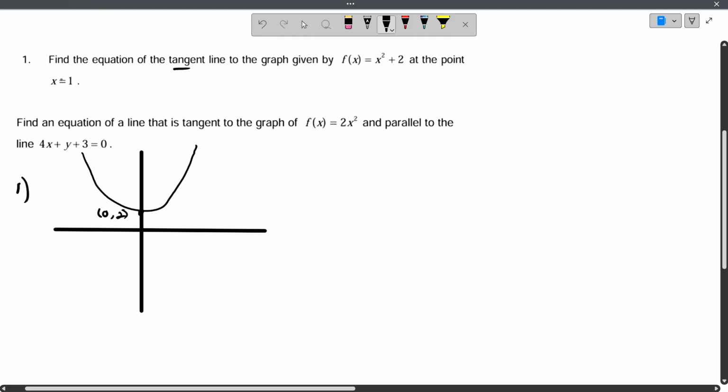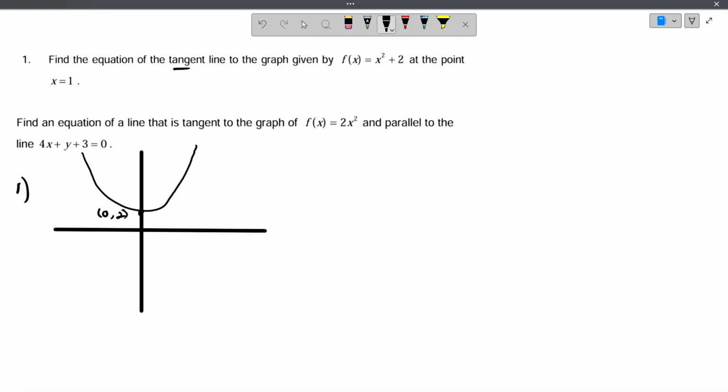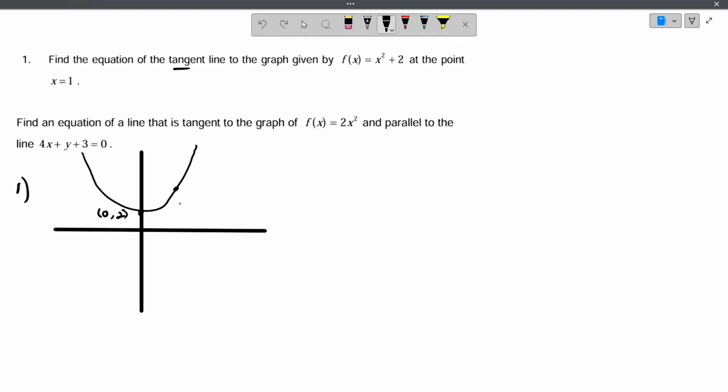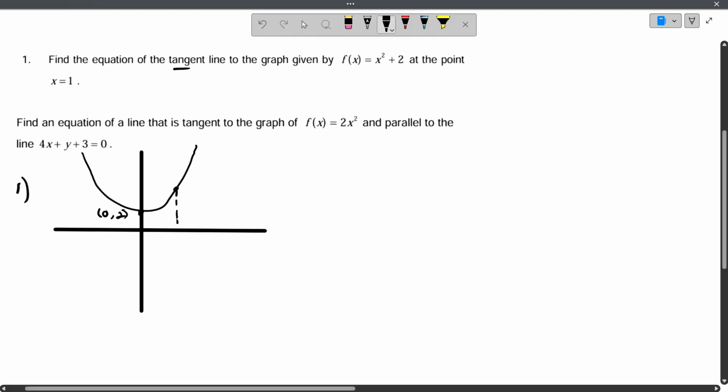Now they say the tangent touches at the point x equal to 1. Now we know that a tangent is a line that touches a graph, or rather it touches a curve at one point, right? So this will be at x equal to 1. That is x equal to 1, which is that point there. Now at x equal to 1, what will be my y value?